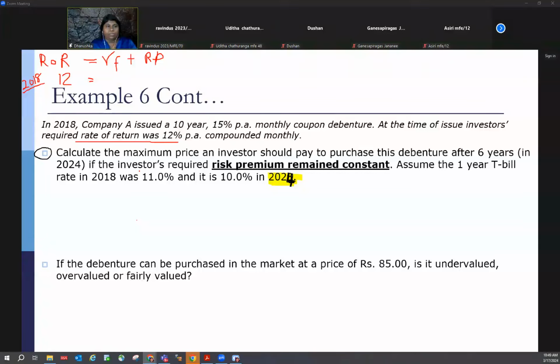It's been given to me that the risk-free rate is 11%. That implies that the risk premium is 1%.